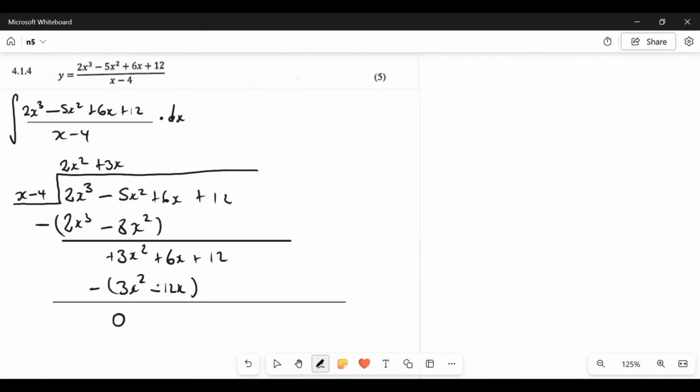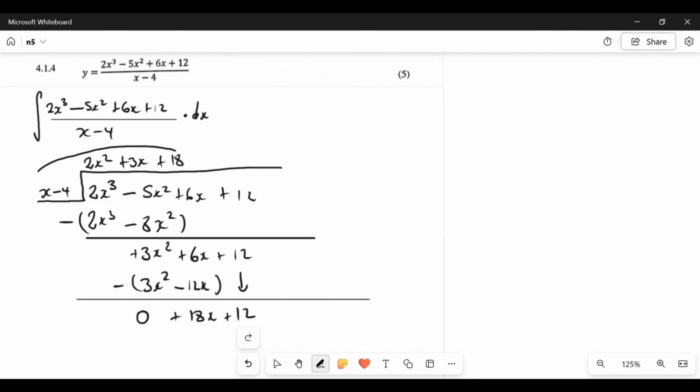So if you multiply by this negative 12x is going to become positive 12x plus 6x. That is going to give us plus 18x. Then we drop this 12. There we go. So we have the following now. So the next step here, we're going to divide this 18x with x there. And then we're going to have plus 18.